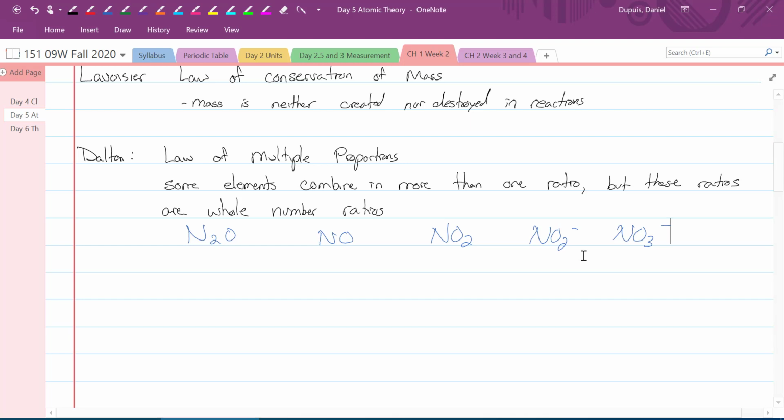There's also a law of definite proportions.